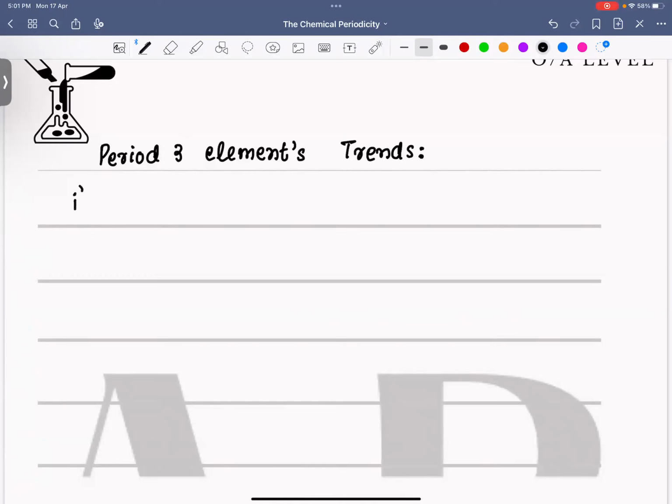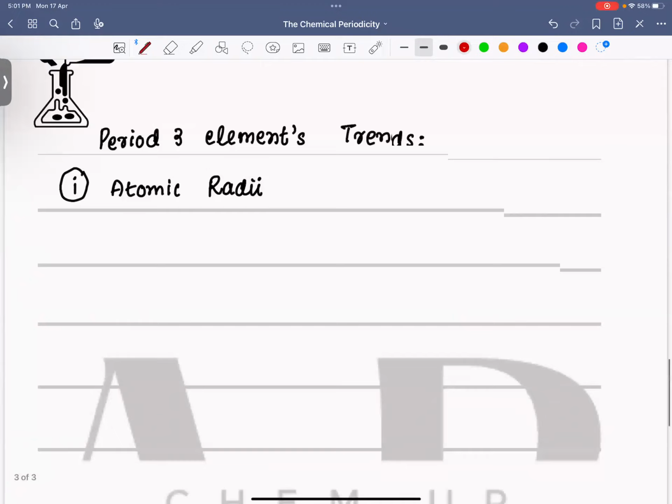So here, the first trend I am going to discuss is of atomic radii, and we are going to discuss all these trends for period 3.